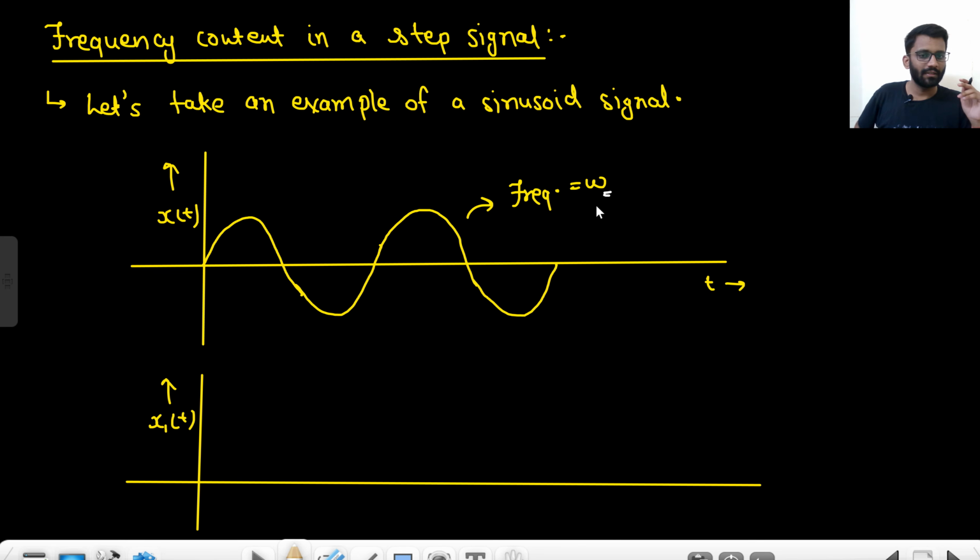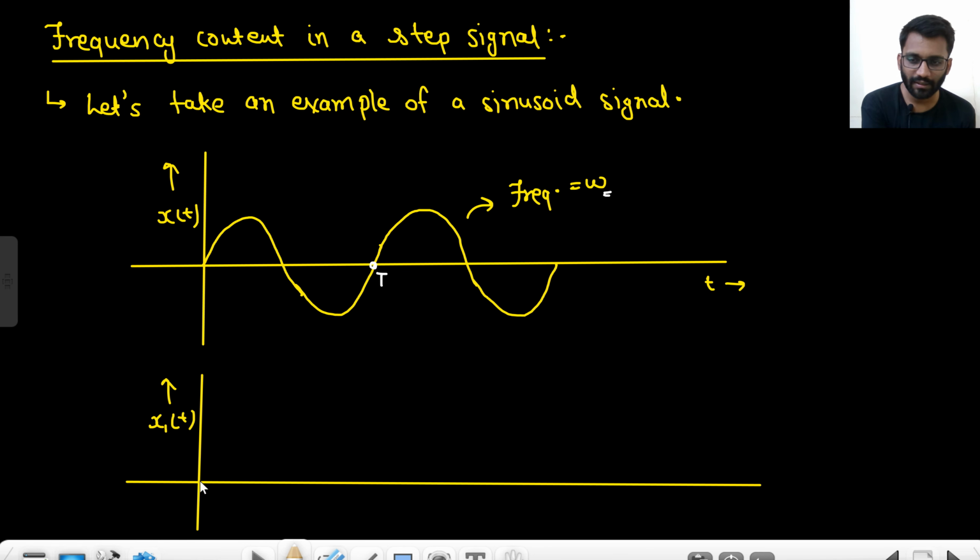What is the frequency? Number of cycles per second. In time t, how many cycles are there? One cycle. Now I increase the number of cycles in the same time.